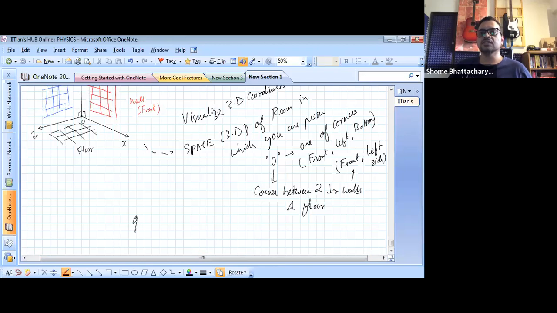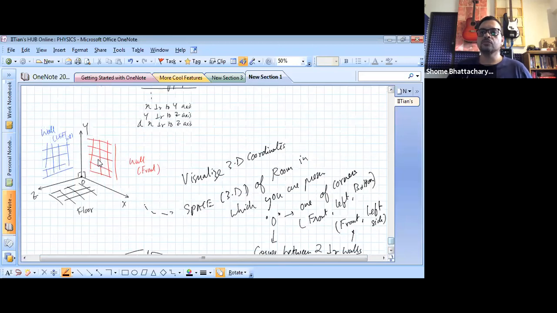So you are sitting like this. So in front of you there's a wall. To your left side there's a wall, and there's a floor below. So this corner of the room, where these two walls and the floor are meeting, that is your origin. Okay. So the red colored surface that I've drawn, that is the wall which is in front of you. This is how you can visualize the three dimension.